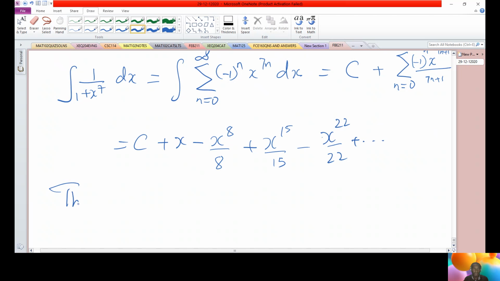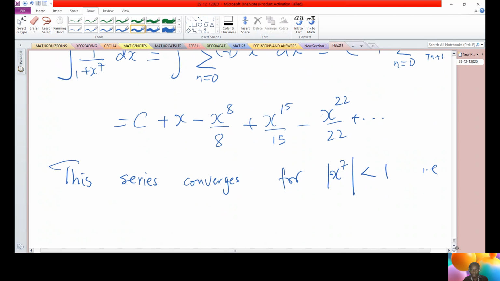So this series converges for absolute value of x less than 1.